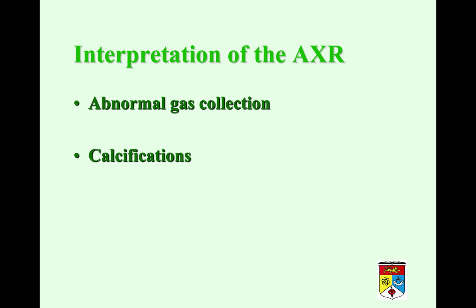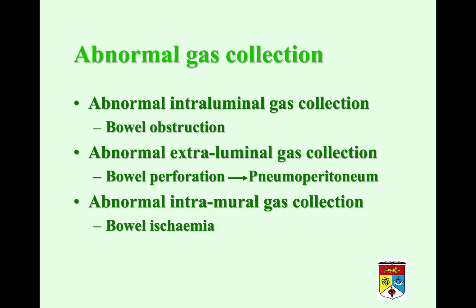So for you to interpret an abnormal abdominal radiograph, identify the abnormal gas collection, or whether there is any abnormal density to suggest soft tissue or calcification. When you see an abnormal gas collection, you have to decide whether the gas is intraluminal, which most of the time implies bowel obstruction.